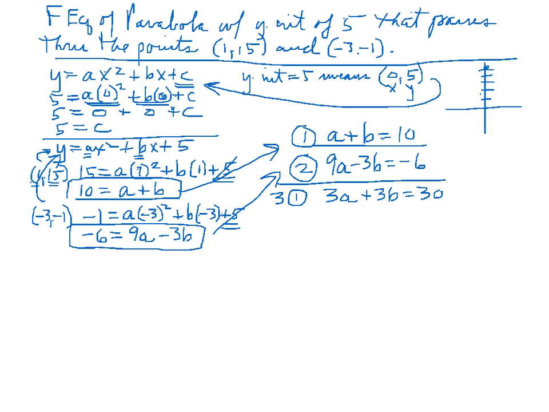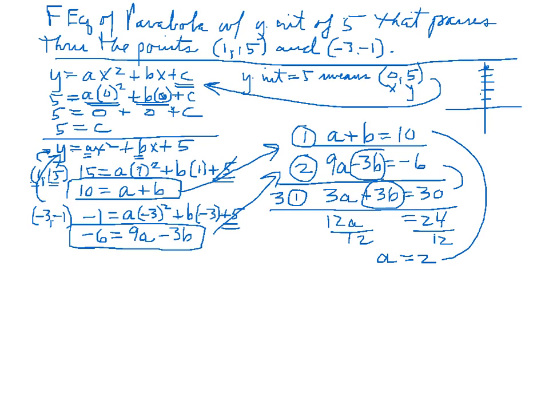Then when I add these two together, I get 12a. The b's add up to 0, minus 3b plus 3b, equals 30 and -6 is 24. Divide both sides by 12. And we get a is equal to 2.